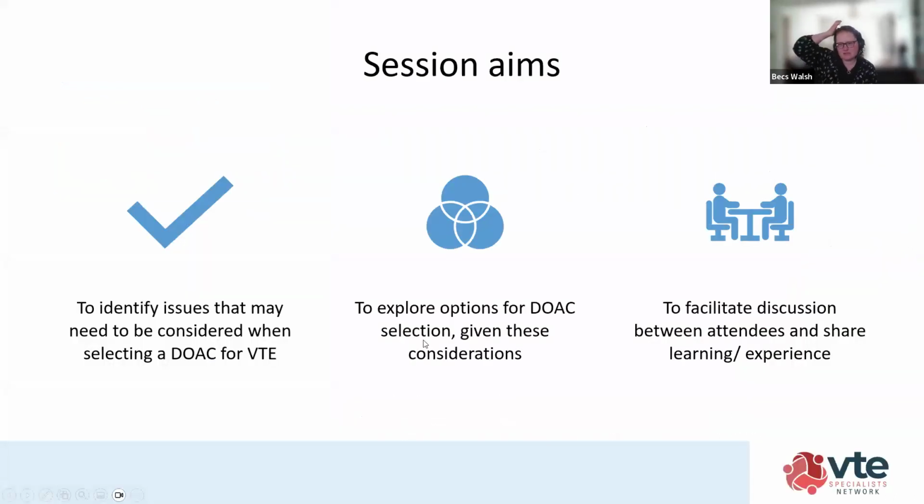So the aim of the session is to identify issues that might need to be considered when selecting a DOAC. Some of the things that might not be considered in the first instance, some of the less usual considerations. We'll unpack those a little bit more to explore the options for DOAC selection on the basis of these considerations, and hopefully facilitate discussion between us and attendees and share our experience.